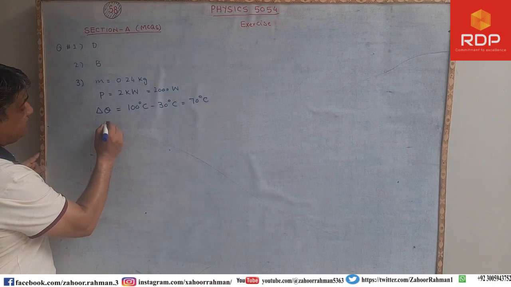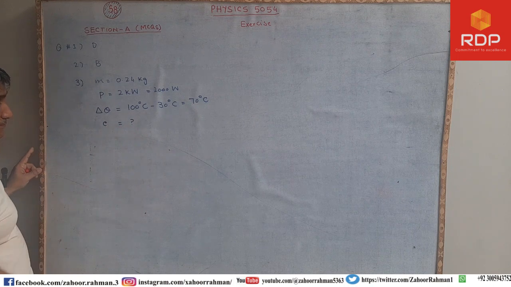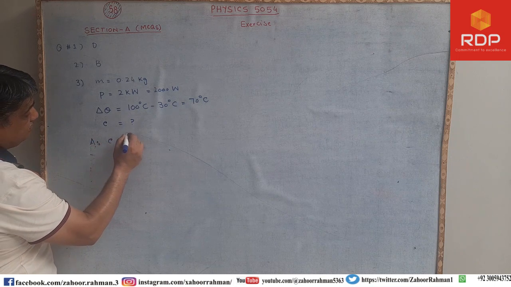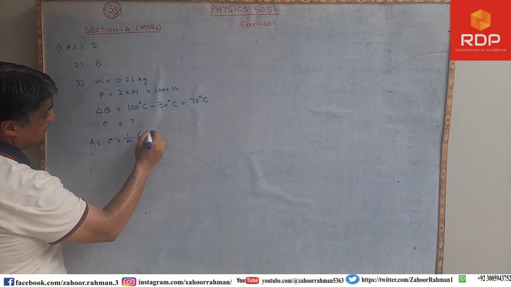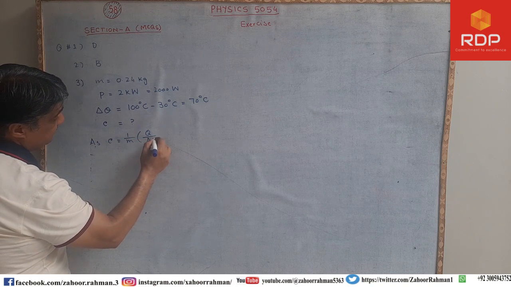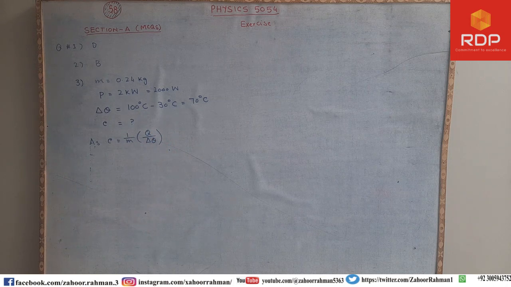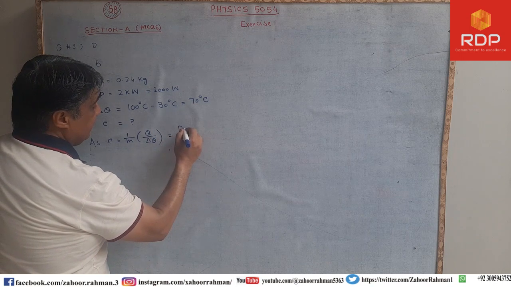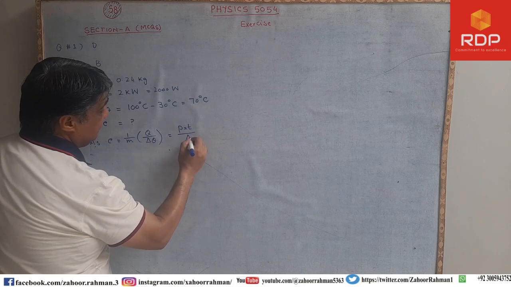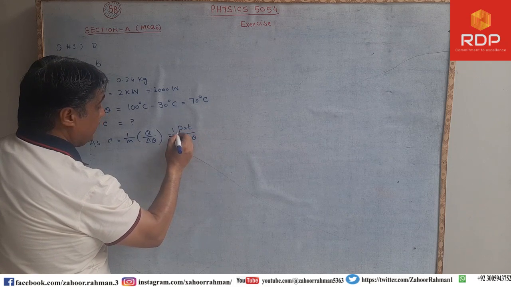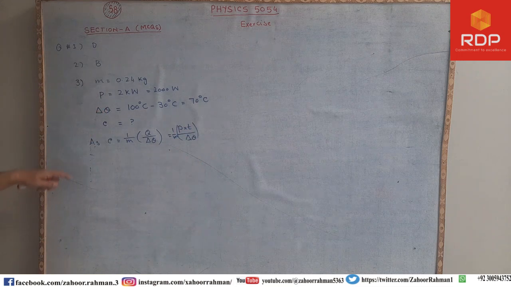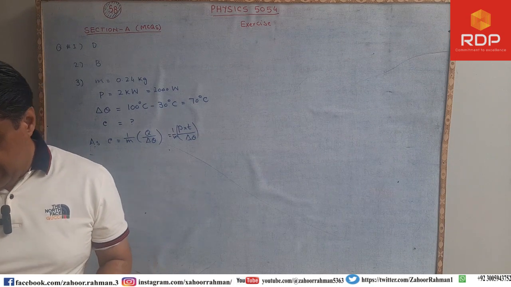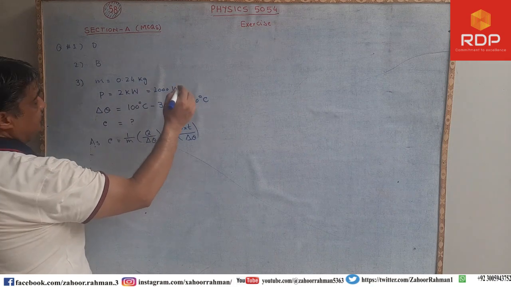So small c we have to find, and as you know, c is equal to 1 over m times Q divided by delta theta, and Q can be written as P into t. And t is also given here.